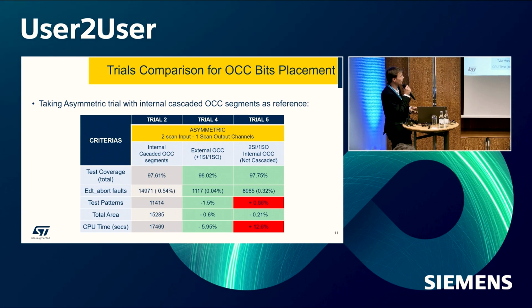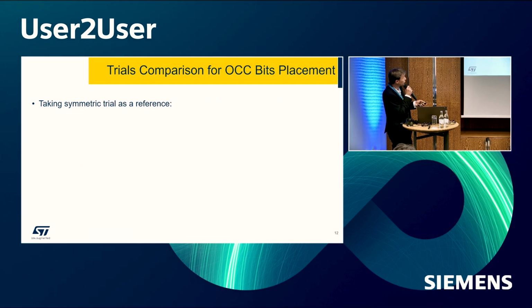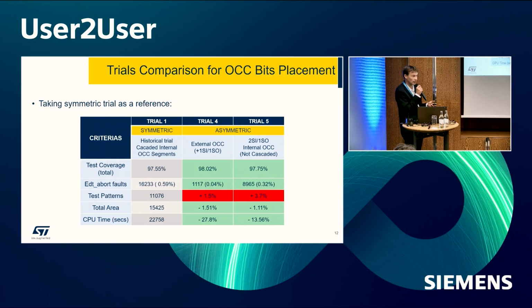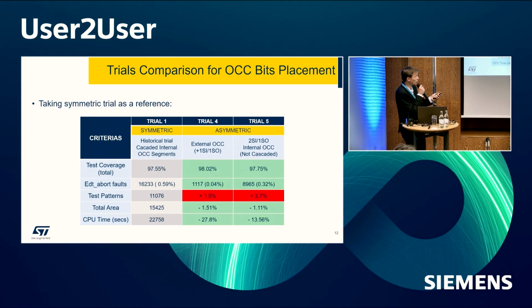Now moving on to the reference where we take as a reference the historical flow with the cascaded placement of the OCC care bits. That way we have a good understanding of how much improvement we could get with both the asymmetric implementation and also all the OCC care bits placed into a compressed scan chain. So you see here the numbers are better.